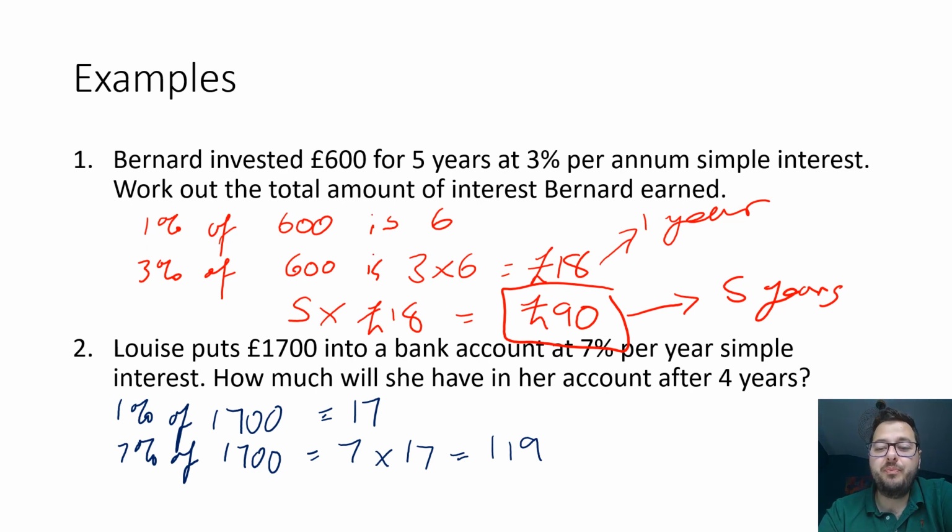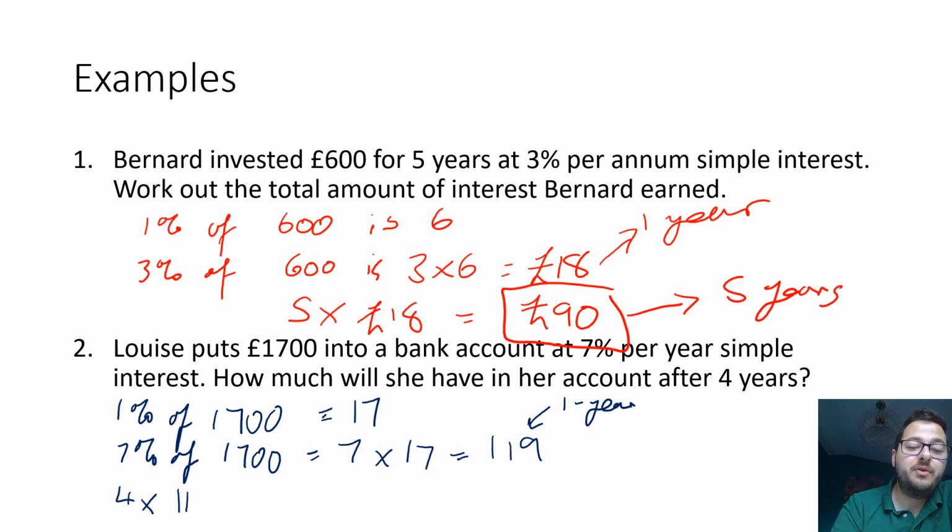So that's how much interest she's getting after 1 year. For 4 years, we want to do 4 times 119, which is 476.